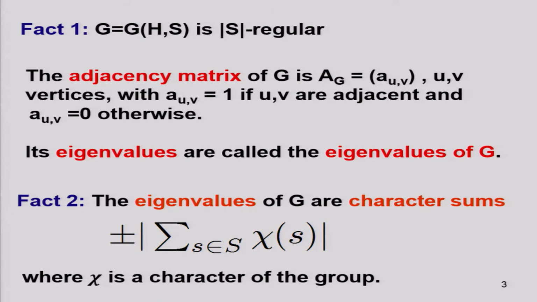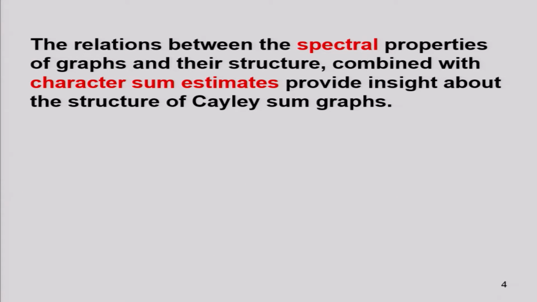Now, basically, these two facts together, and especially the one about the eigenvalues being expressed as character sums, enable us to use the known relation between the spectral properties of graphs and their structural properties, and results that we can prove about character sum estimates, to get some insight about some problems about graphs.